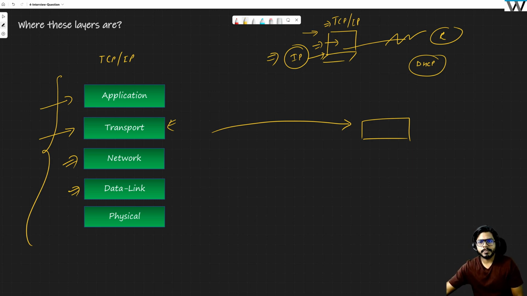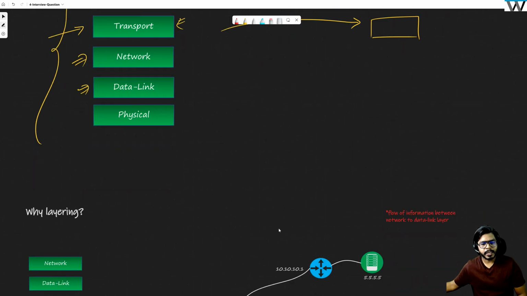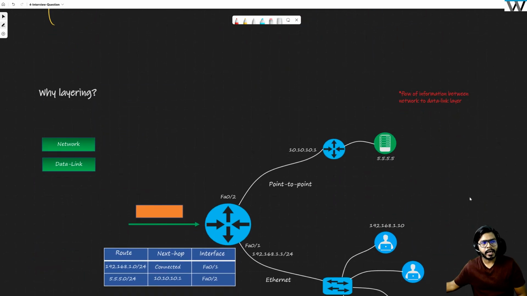Most of the time you do not need to configure the IP address, but if you want to, you can, and at that point you can see that TCP/IP is implemented on your laptop. All these layers are implemented on every computer, every handheld device, every mobile device that is able to communicate over the internet. It is as simple as that. Let's move to our next board to see why layering.